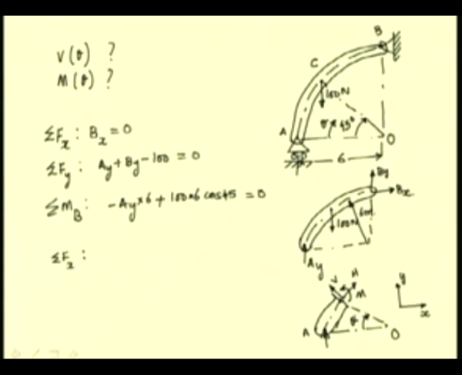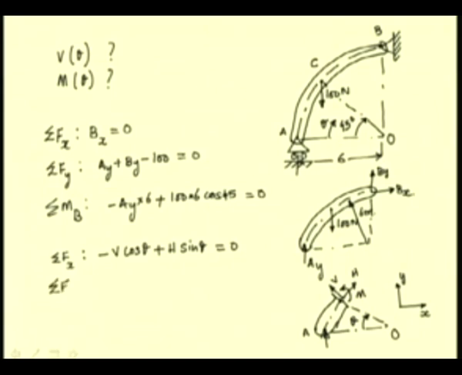We have the component of this shear force in the negative x direction, which is minus V cos theta, and we have the horizontal component of this axial force H, which is H sin theta, and this has to be 0.